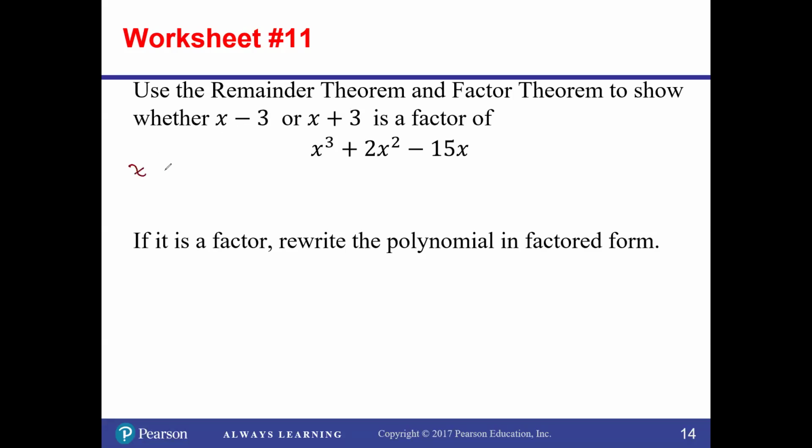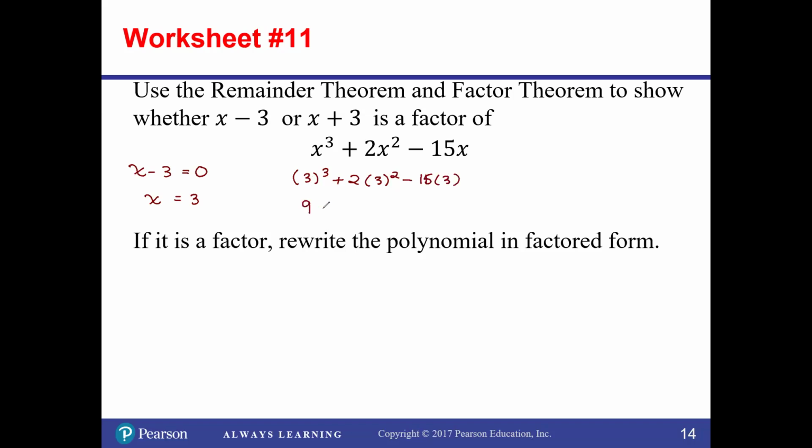So if I have x minus 3 and I want to know if that's a factor, I set it to 0, and I get x is equal to 3. So I'm just going to replace all my x's now with 3 and see what happens.